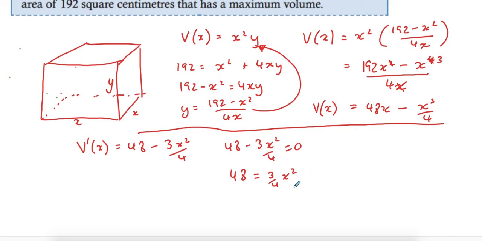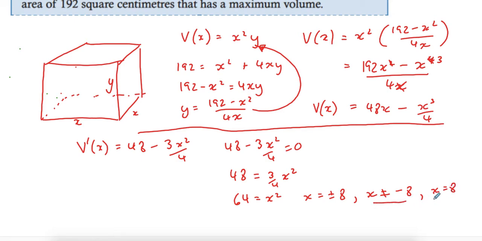If you times by 4 and then divide by 3, you'll get 64 equals x squared. So that means that x is plus or minus 8, but we're dealing with lengths here, so x is not going to be negative 8, x is going to be 8.